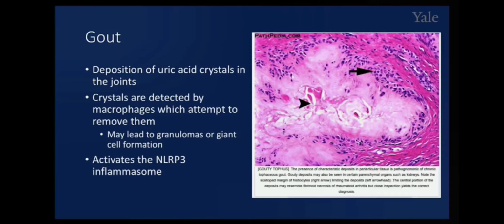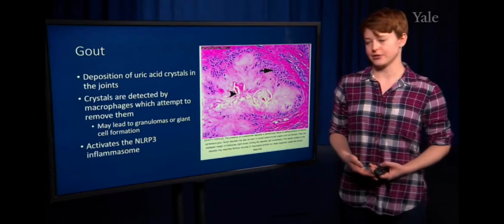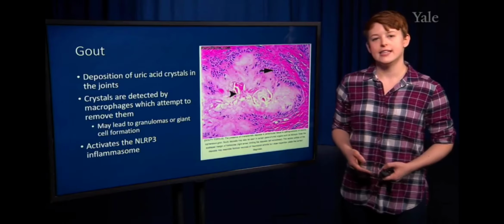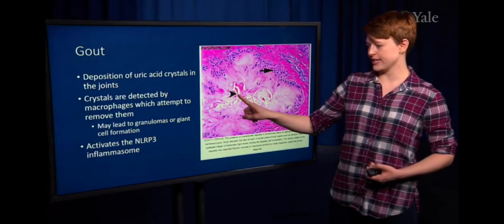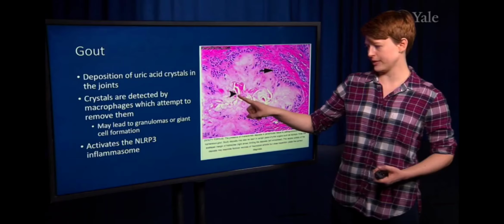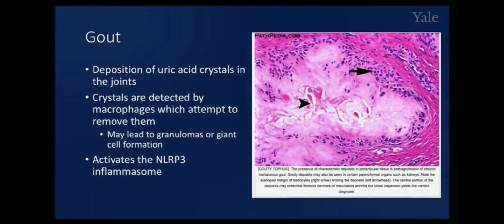However, often these crystals are too large to be removed by the macrophages, and so you have a continuing influx of inflammatory cytokines from those macrophages as they try to recruit more and more cells to the area to eliminate those crystals. So these uric acid crystals, which you can see an example of here, this arrow is pointing to, will induce a large influx of immune cells shown in the right-hand arrow.